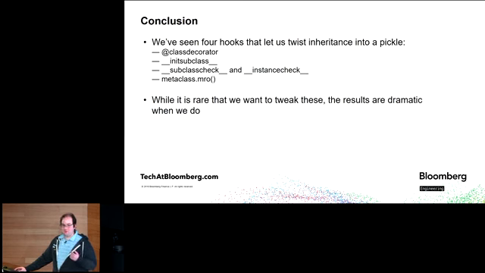The results when we do are quite frankly rather dramatic. Usually it's more important to know these exist for when we bump into something that has tweaked these, or for when we want to temporarily tweak these to find out what's happening. Insert a probe on one of these, see what has happened.